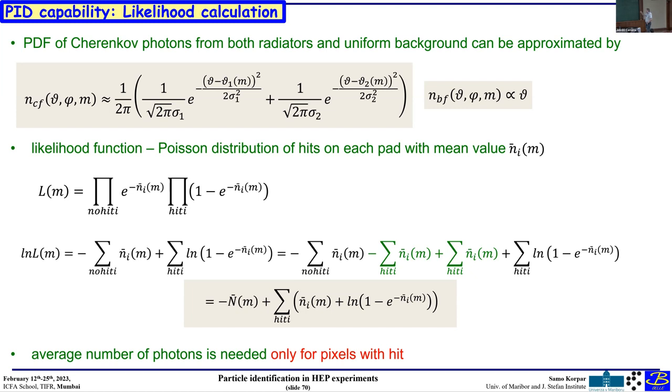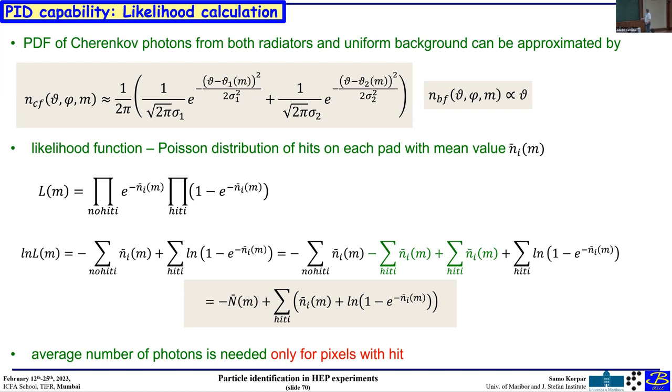And then for the certain hit distribution, we calculate the likelihood by multiplying the probabilities of non-hit pads with a 0 probability and the hit pads with a hit probability. And this makes this kind of product.